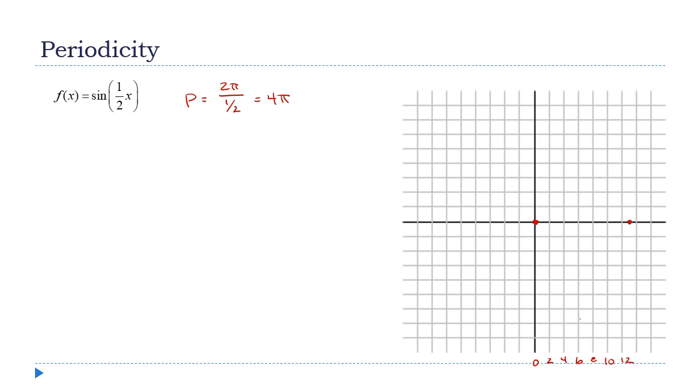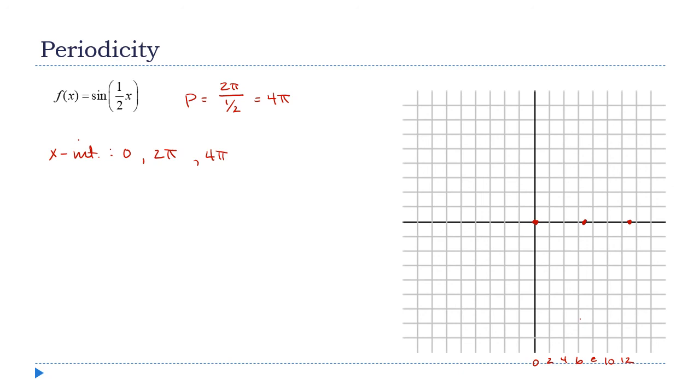Now, let's label the x-intercepts. I have 1 at 0, I have 1 at 4 pi, and I have 1 in the middle. The midpoint between 0 and 4 pi is 2 pi, which is 6 something, so that's going to be right about here.